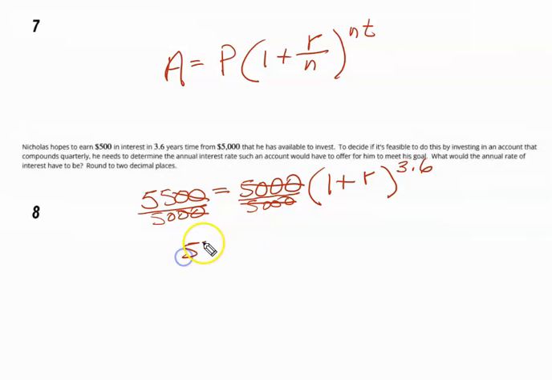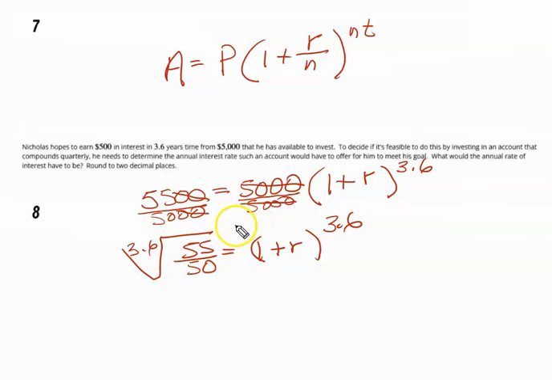So to keep our work a little more simplified, we take the 3.6 root of this side and 3.6 root of that side.